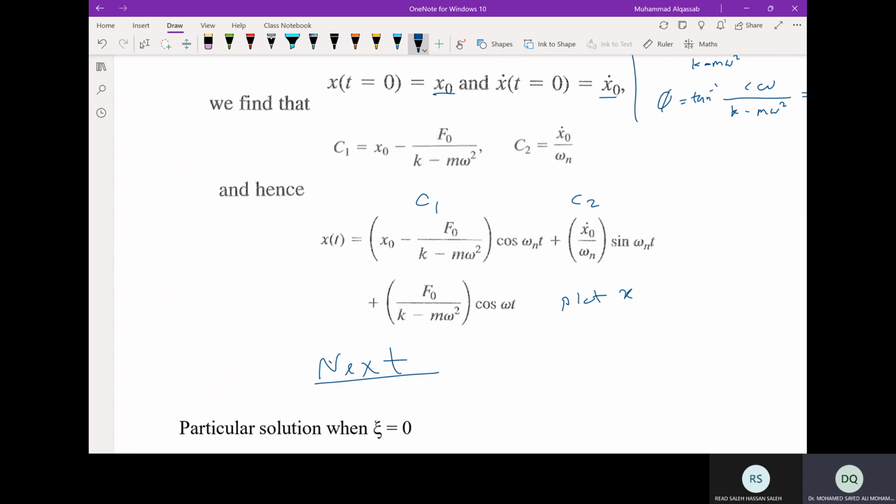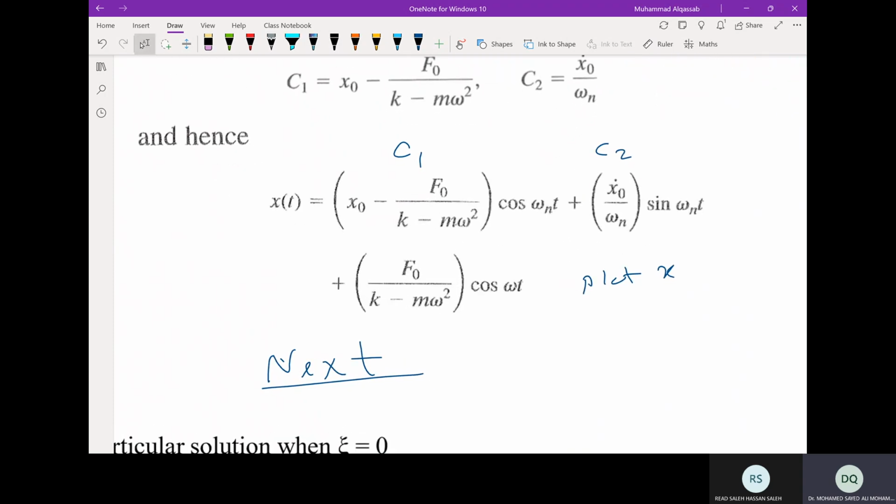So the total response consists of two frequencies now, omega n and omega. This equation is the response for the undamped system under harmonic excitation, but it will not be valid when omega equals omega n, because we will have division by 0 here and division by 0 here.